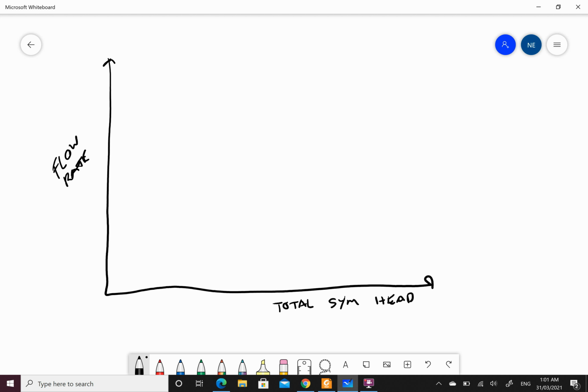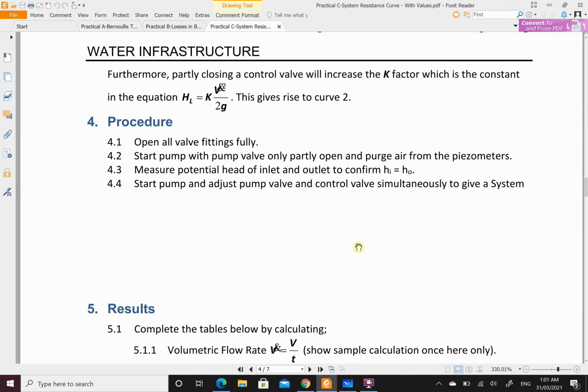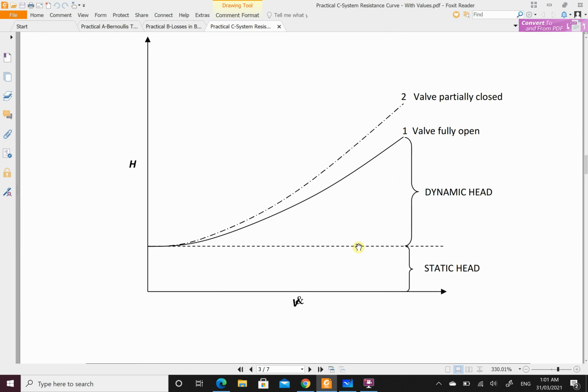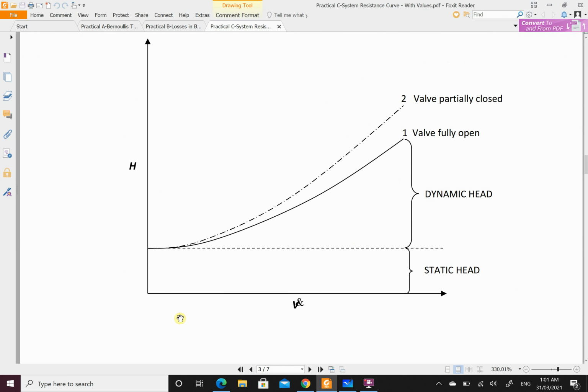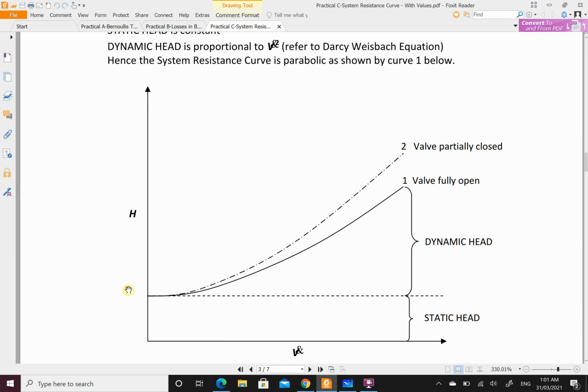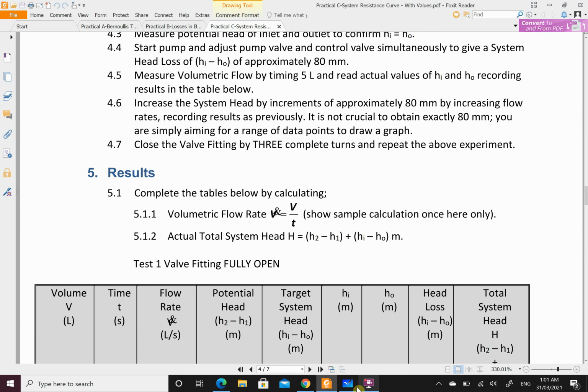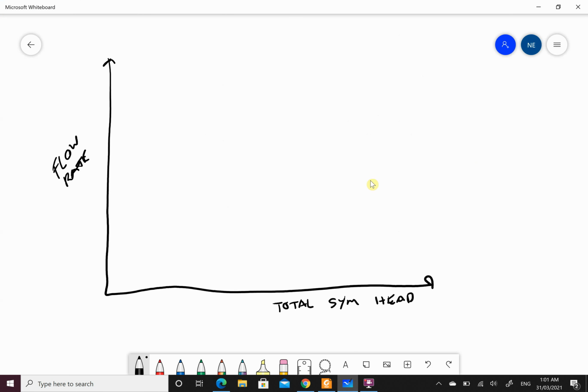If we come back and look at the theory, I have head and flow rate. So I need to switch my graph around. I have my head on one side, my flow rate on the other. So let's flick that around.